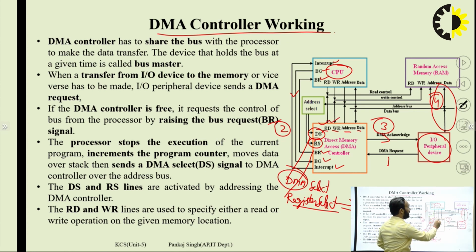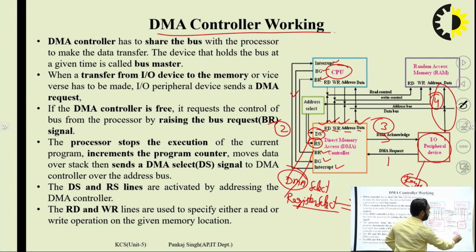Read, write, selection of any address, or sharing of data between input and output devices. As we see here, there is a data bus that connects directly from the memory data to the IO devices. The IO device here may be a keyboard or mouse, or the output may be a printer.